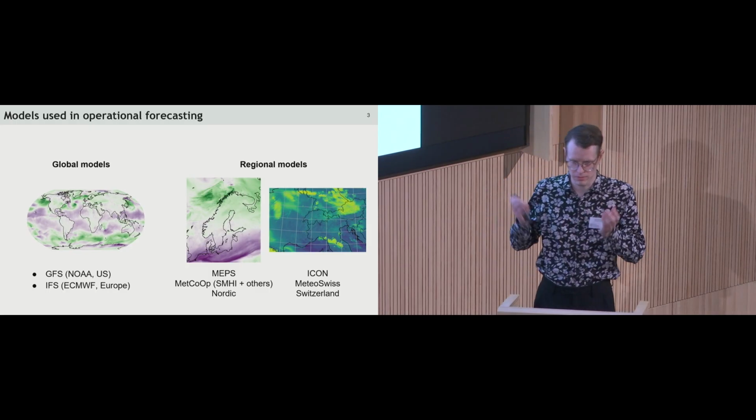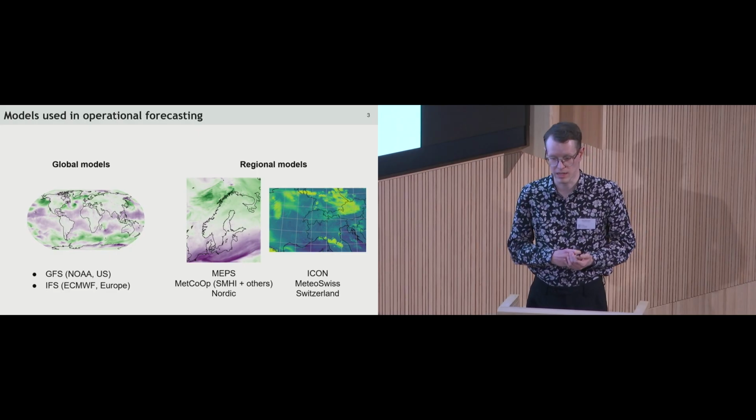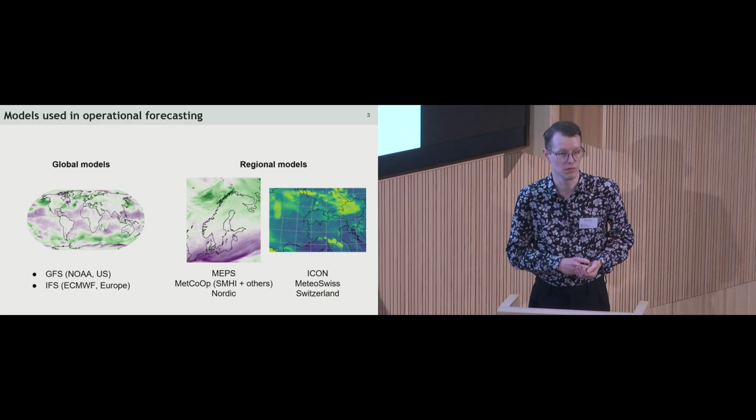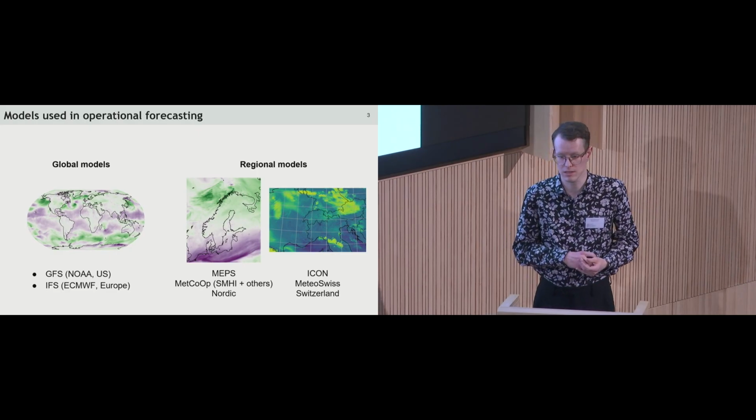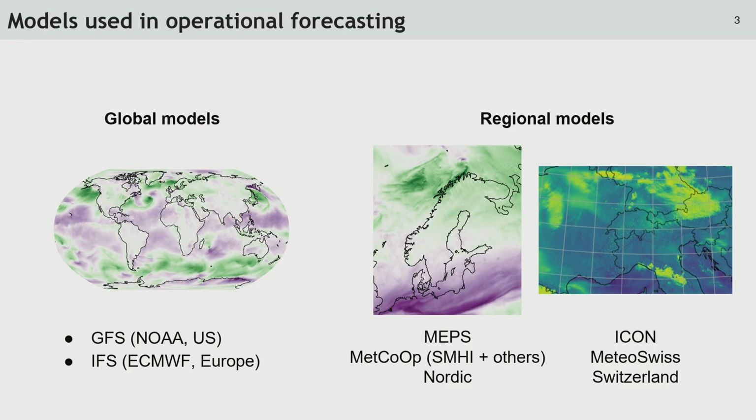So that runs for the region that you see in the figure there. But also, as another example, there's the ICON model being run by MeteoSwiss over a region in Central Europe, including Switzerland.